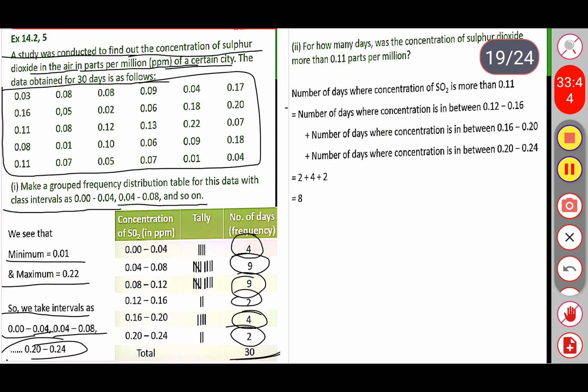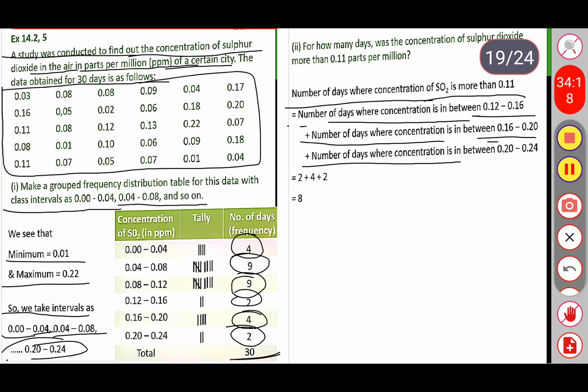The number of days where the concentration is more than 0.11 is the number of days where the concentration is between 0.12 to 0.16, plus the number of days between 0.16 to 0.20, plus the number of days between 0.20 to 0.24.